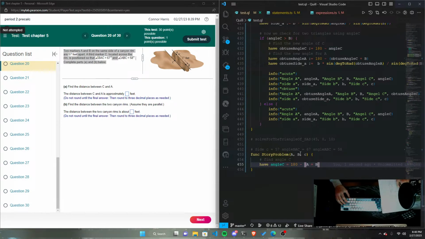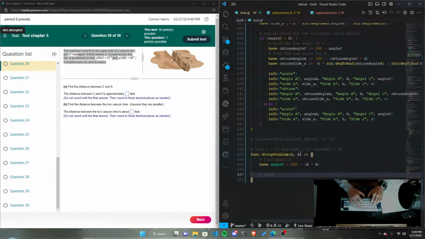Since we have our angle, we can now solve for the side of B to find our first given value. So now, comment: find the side B, or C to A. Have side_B be equal to, because that is an evaluation object, saying is that equal to that, which is not what we want to do.